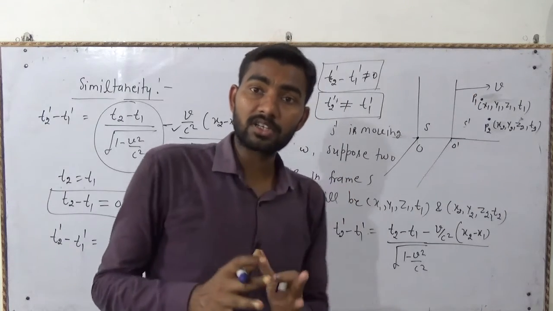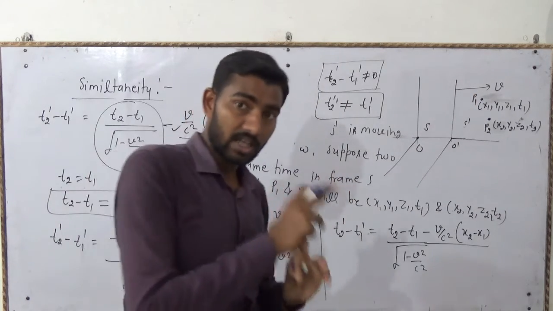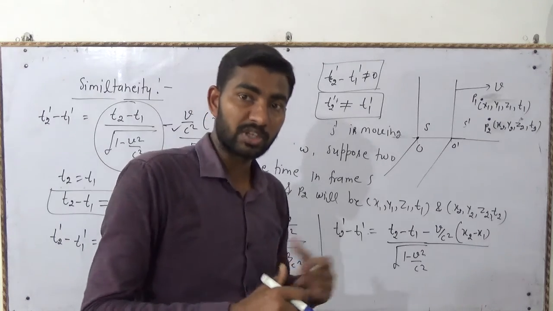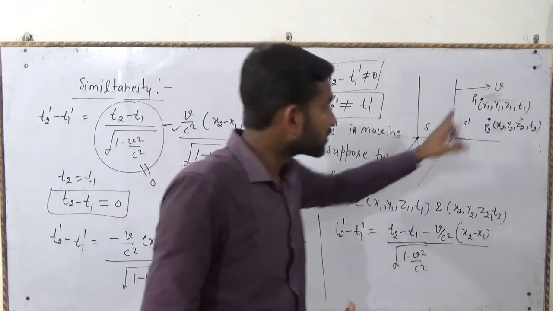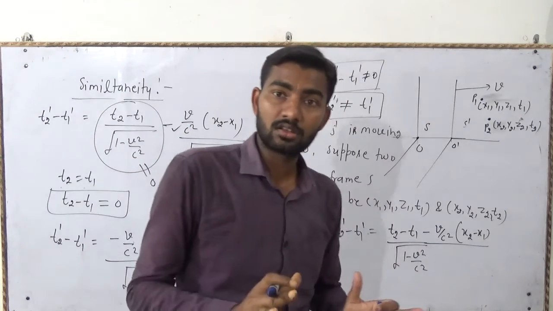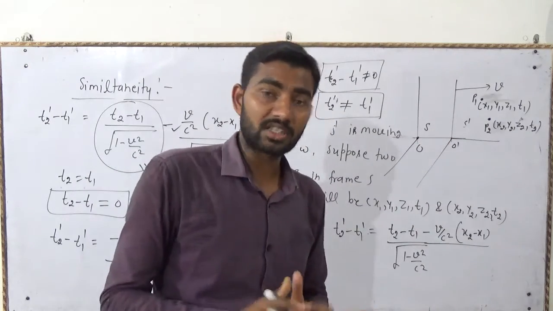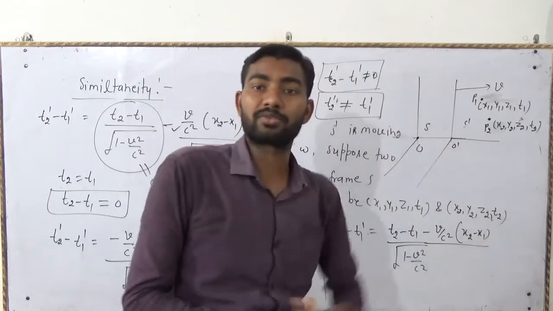The two events were simultaneous in frame S, but here we have observed that these two events P1 and P2 are not simultaneous in this moving frame of reference S dash.